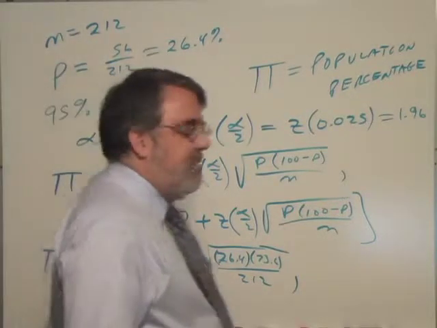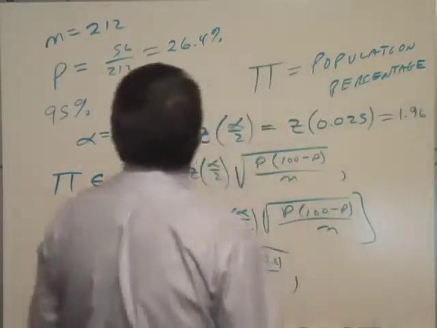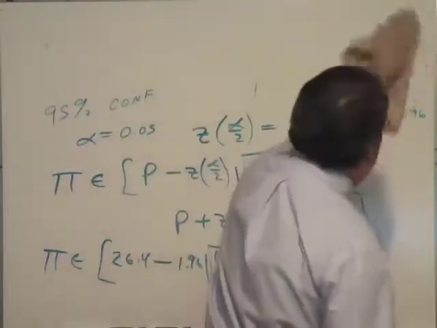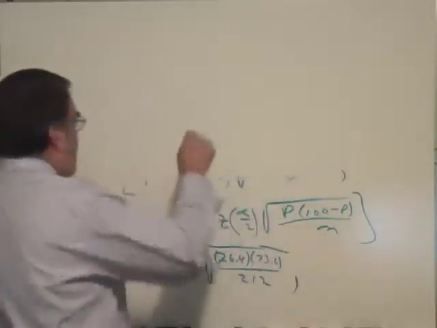Let me just redo this, and I need some room on my board, so I'll just erase the top here. So here's my confidence interval. Hope you have all that down.